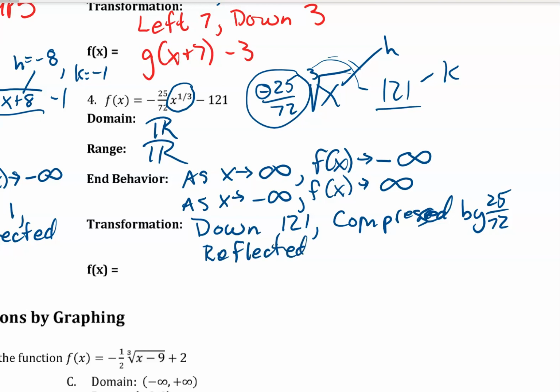For f of x, again, my parent function is a cube root function, so f of x is the transformation, negative 25 over 72 times g of x minus 121.